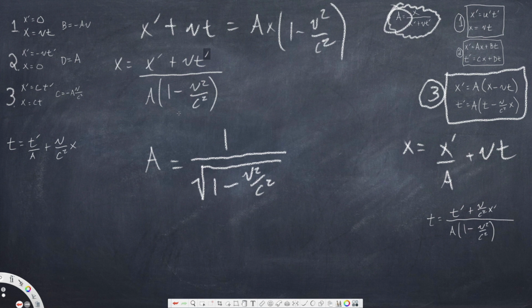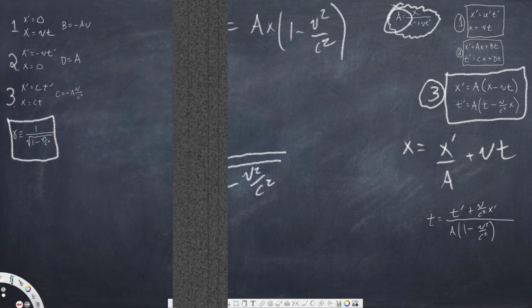Because this a shows up for all of our transformations, we are actually going to define it with a new word. We're going to say gamma is defined by, which is 3 bars, not equals, defined. Gamma is defined to be 1 over the square root of 1 minus v squared over c squared. That's what gamma is.